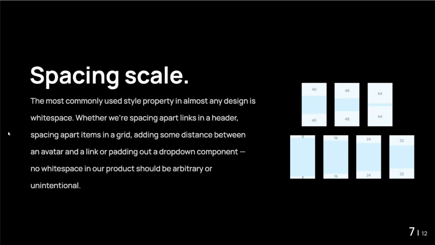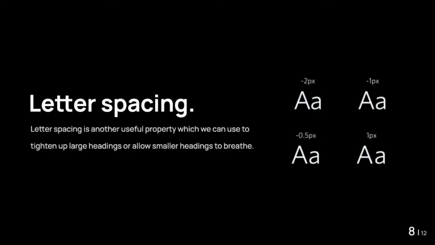Another aspect is letter spacing. It's very small. It's like a micro interaction in our app. It doesn't really affect that much, but it's very crucial if you wish to produce a really good UI. Letter spacing is just another useful property which we can use to tighten up a larger heading or let a small heading breathe.